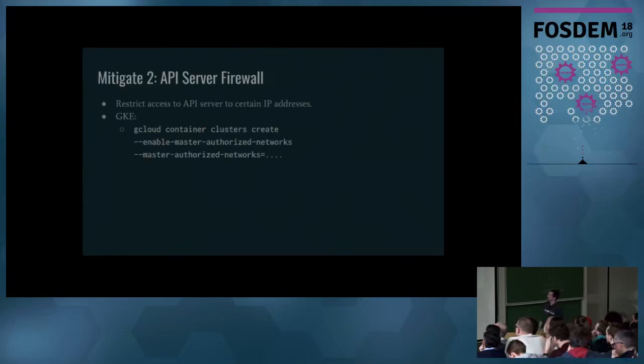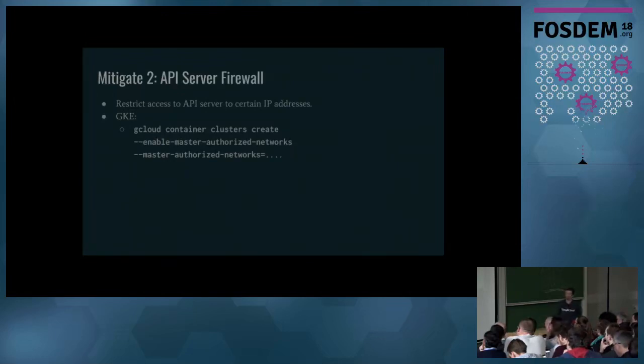Let's see, the next thing is to put a firewall in front of the API server. You can limit the folks that can access the API server by IP addresses or by networks. If you're using GKE at Google, then you can create your cluster and set the authorized networks that can access the API server.